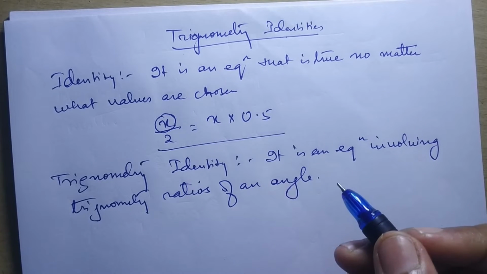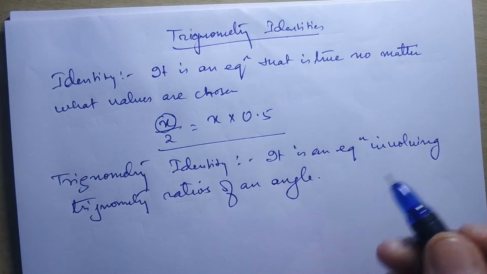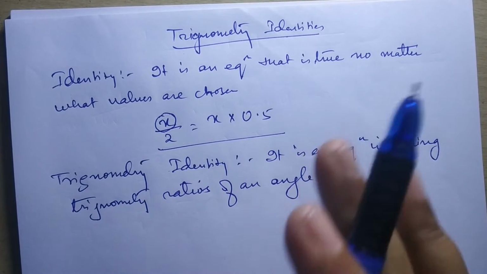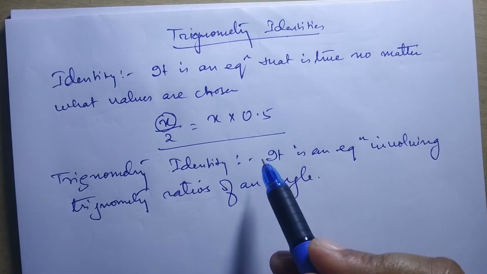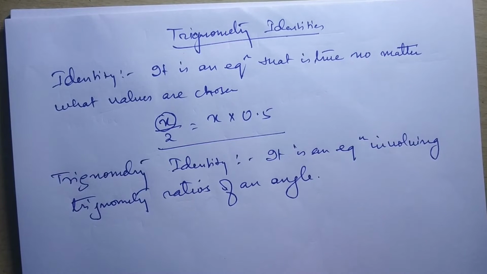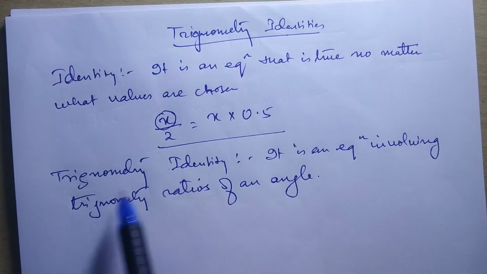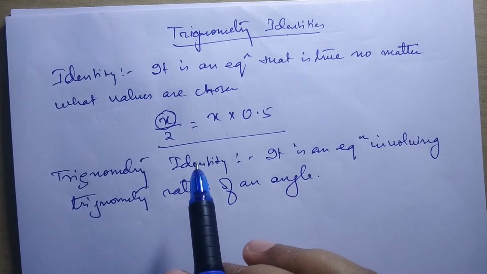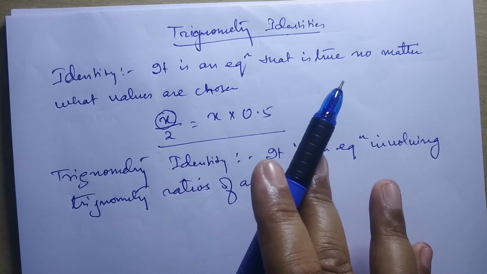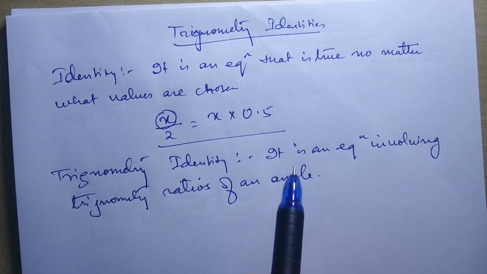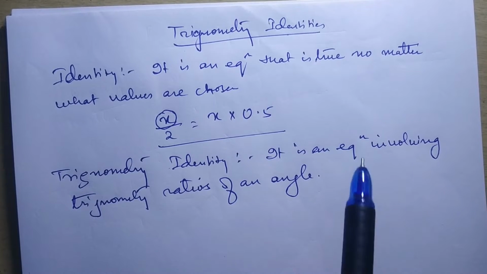What do you mean by this? That means if you are dealing with trigonometry, you are dealing with angles. So whatever equation you get in trigonometry identities, you will find that for any value of theta, the equation stands true.